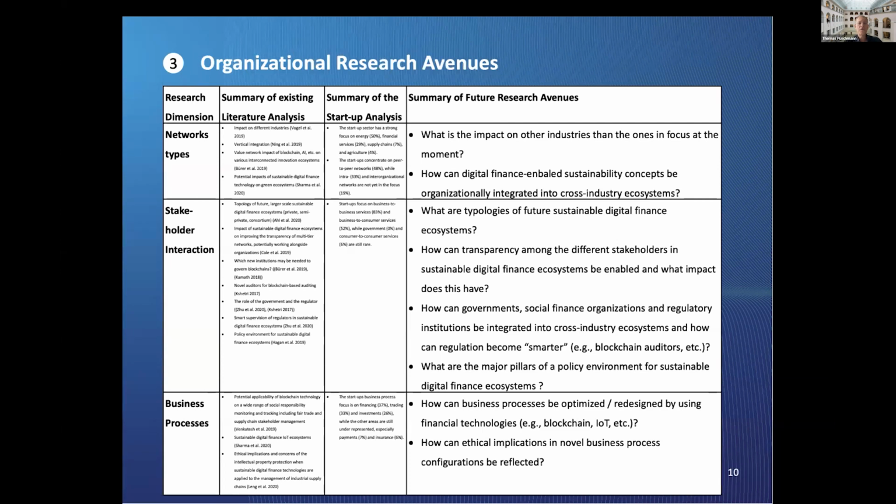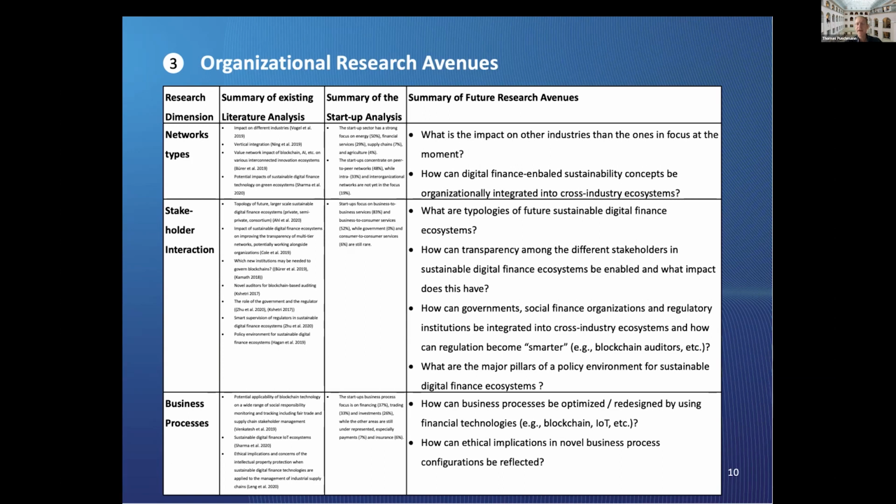If we go further to the stakeholder interactions, then other questions come around, like what are the typologies of future sustainable digital finance ecosystems? How can transparency among the different stakeholders in these ecosystems be enabled, and what impact does this have? How can the governments also be integrated? We could see from our analysis that they are not part of these ecosystems at the moment.